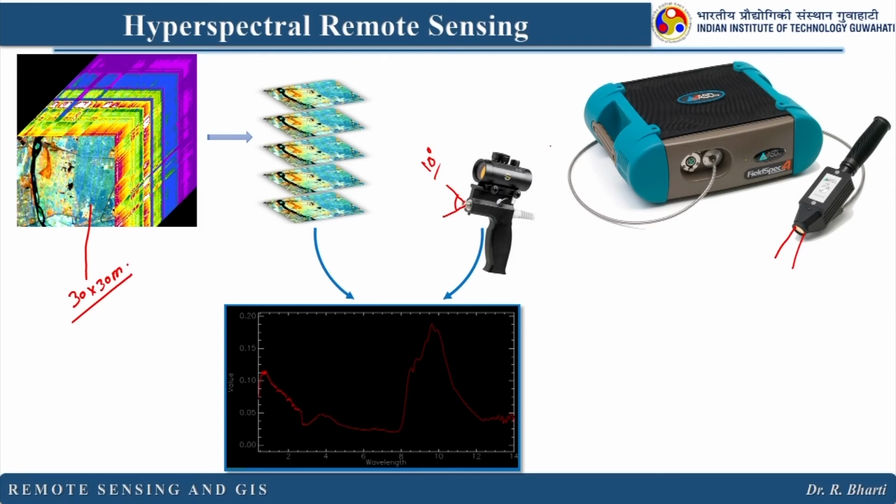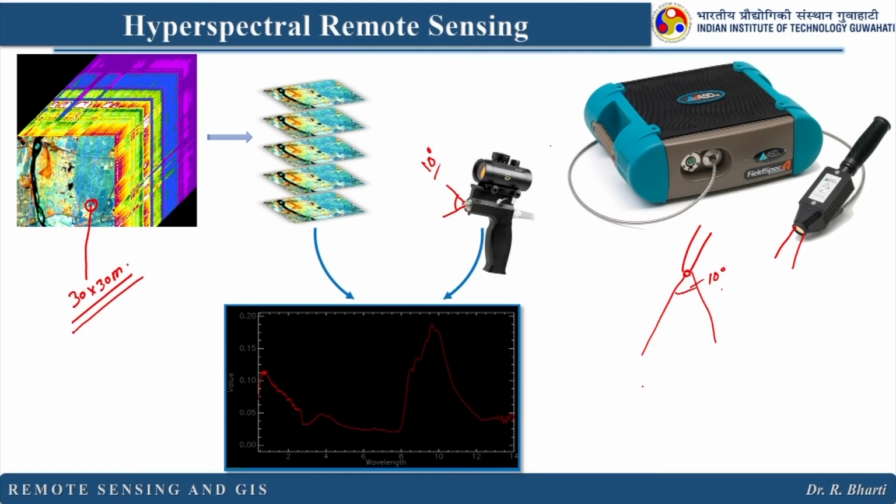Now, to cover this 30 by 30 meter on the ground, because you can easily identify the location, you can visit that place, then you can design your setup. So, you will put it here, let us assume this is the fiber optic cable, which has got 10 degree of field of view.